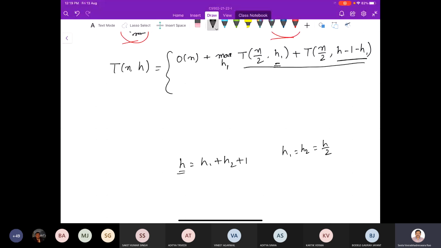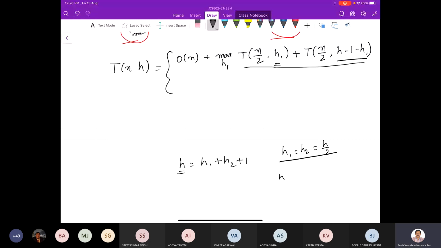In the divide and conquer strategy, if you divide the problem in a very skewed way, with only one on one side and all the remaining on the other side, then we get a skewed partitioning, so complexity may go up. Like in the case of quick sort. So we don't know when you will get a maximum. It may be when one side has all the h minus 1 and the other side only 1.